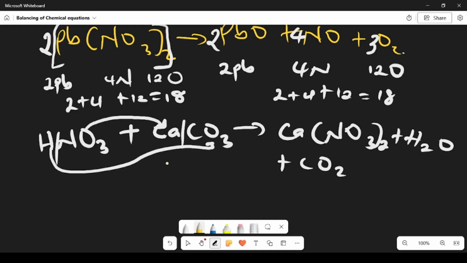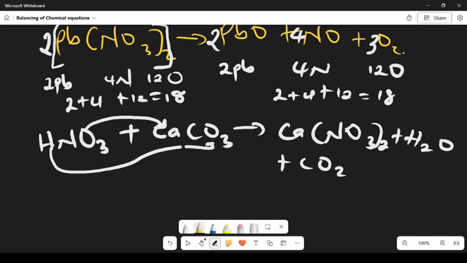Now the next thing is to balance. I will wipe this so that people will not get confused. Yes, that's good. Let me leave that one. So in balancing, you have to first of all know the elements that make up the compounds in this equation. That is the first thing to know.